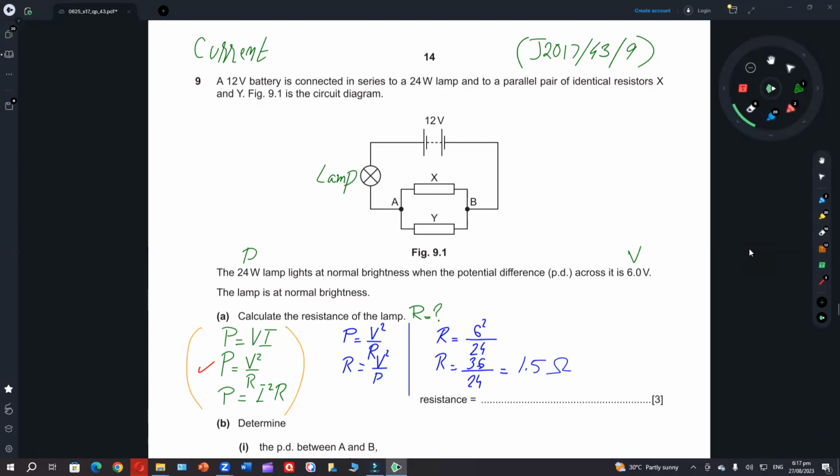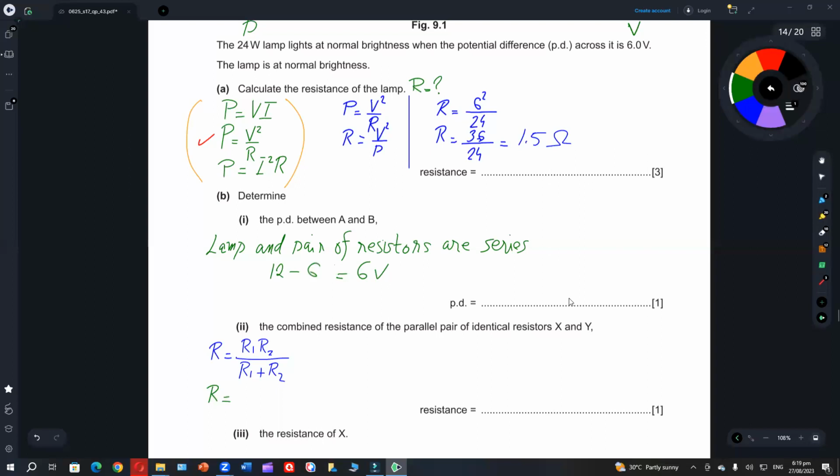Two identical resistors are there. 12 volt is the battery. The issue was the error of 1.5.